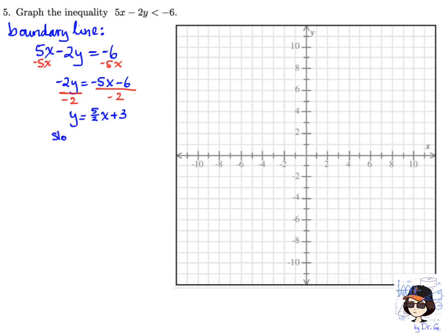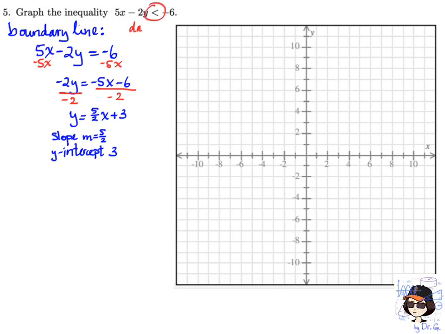So slope is positive 5 halves, and then the y-intercept is going to be positive 3. Okay, so we're going to sketch the line, but we have to decide if it's going to be solid or dotted.